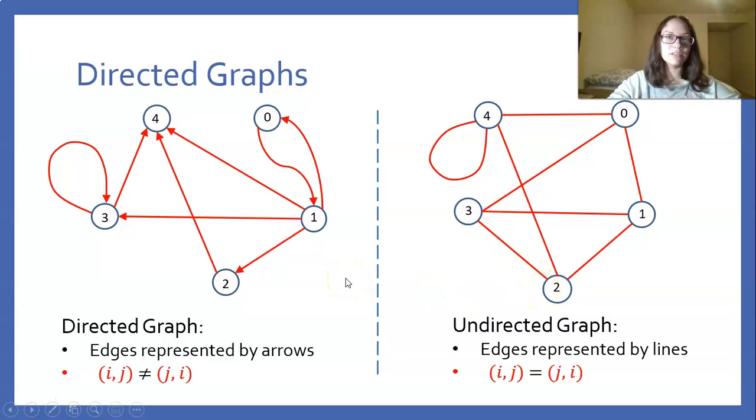But if we were to change the definition of our relationship so that an edge between two people represents one person calling the other, which actually gives us a little bit more information than the first example, then it's not the same to say that person 1 called person 2 means person 2 called person 1.